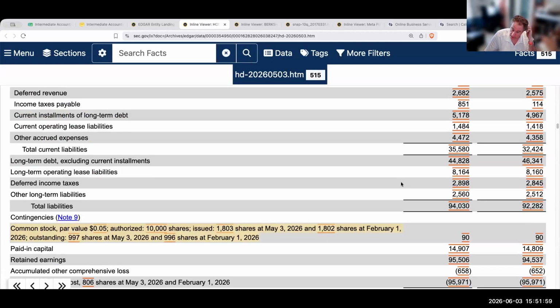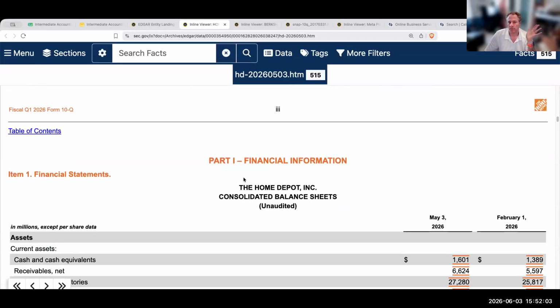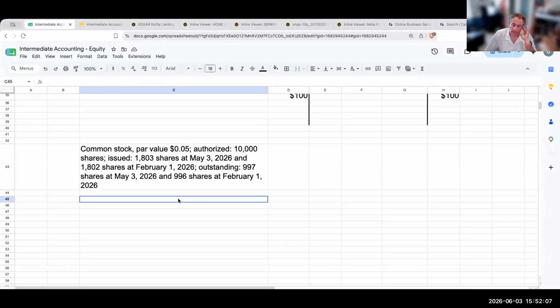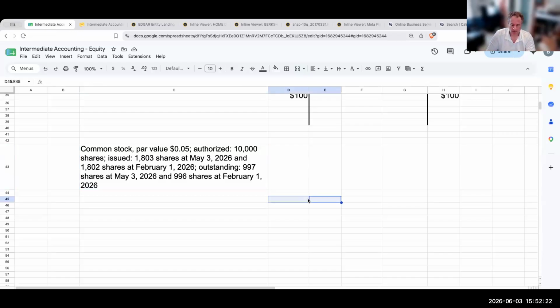So you've got 10 billion shares authorized. When a corporation initially forms, there are essentially going to be the articles of incorporation.